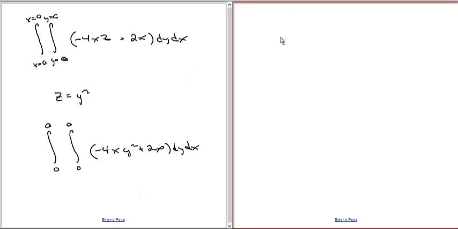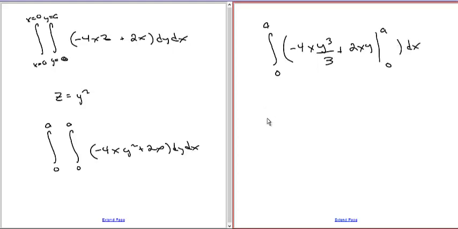So you first integrate with respect to y. The integral of this with respect to y would be negative 4x y cubed over 3, and the integral of this with respect to y is going to be 2xy, evaluated between 0 and a. Then you multiply that whole thing times dx.